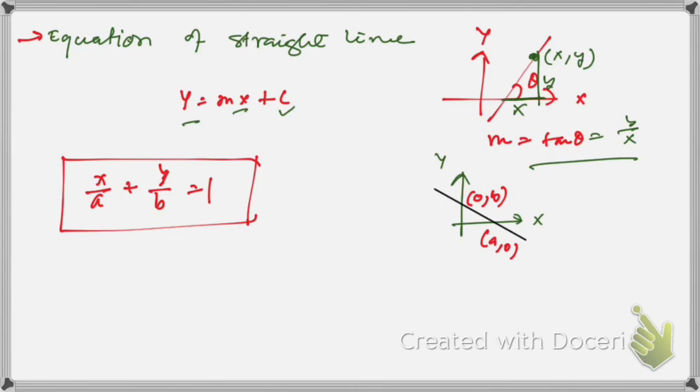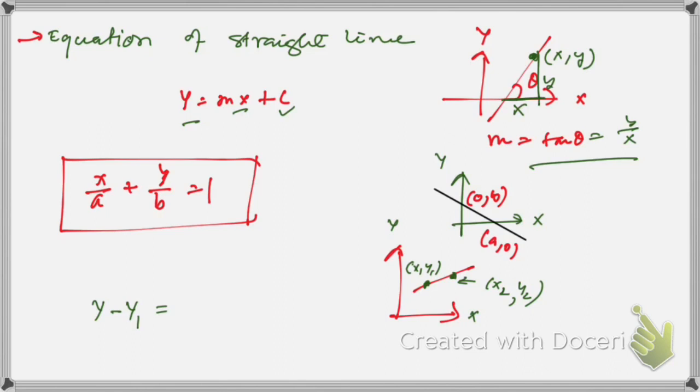Now you see, if you know two points on a straight line, suppose this is the x-axis, this is the y-axis, and the two points on this line are x1 y1 and x2 y2, then the equation of that line will be given by y minus y1 is equal to y2 minus y1 by x2 minus x1, into x minus x1, right?